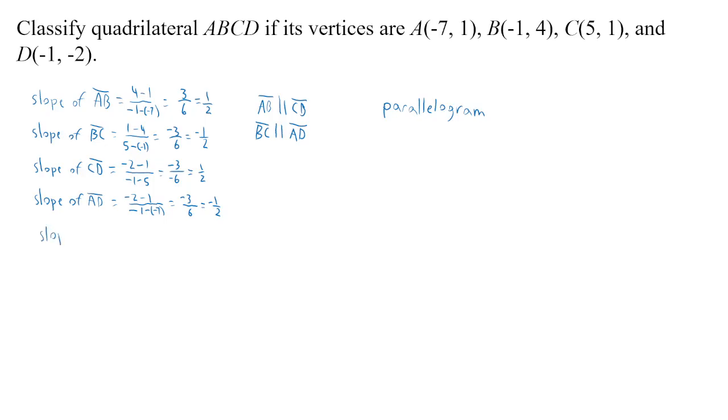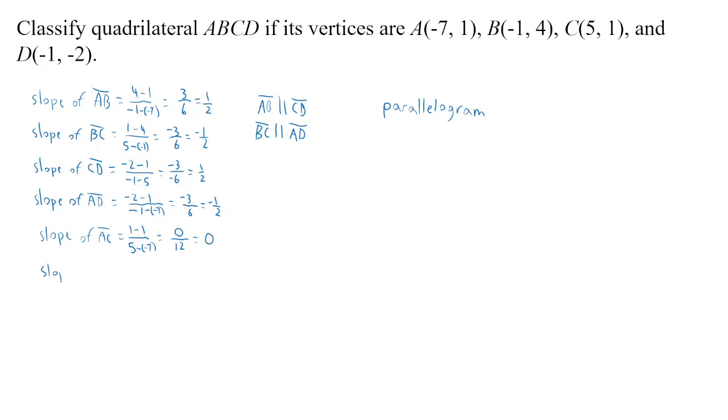So we have the slope of segment AC, which is 1 minus 1 over 5 minus negative 7. 1 minus 1 is 0. 5 minus negative 7 is 12. And 0 divided by 12 is 0.